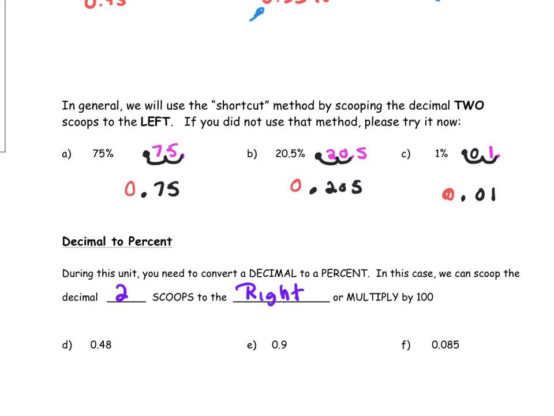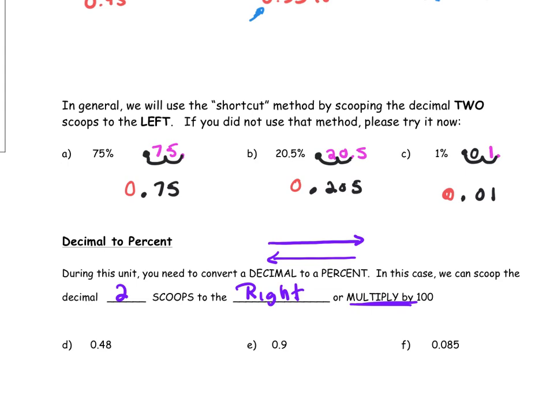If we go from a percent to a decimal, we go to the left, and if we go from a decimal to a percent, we go to the right. Now we could also multiply by 100. If you recall, we divided by 100, but since we're doing the opposite, we're going to multiply by 100.